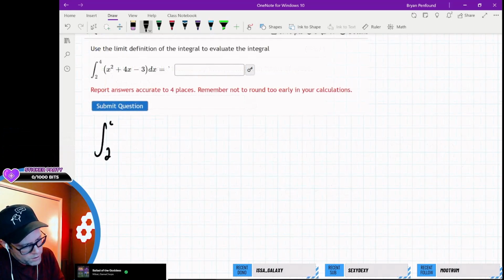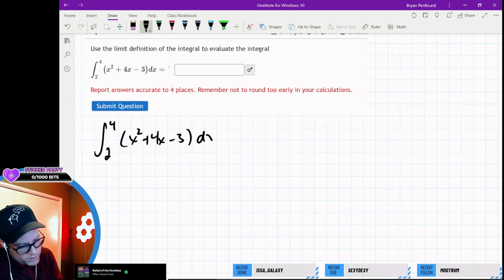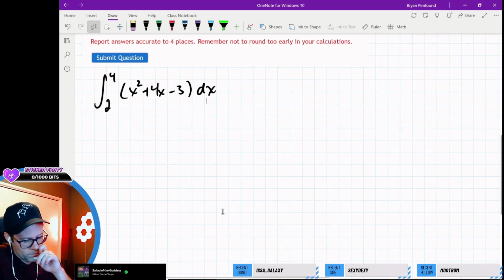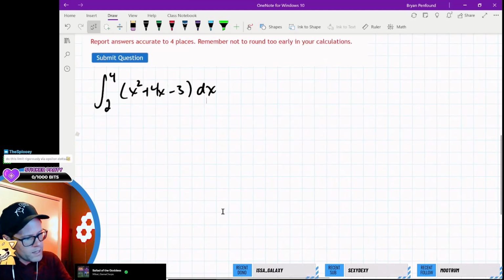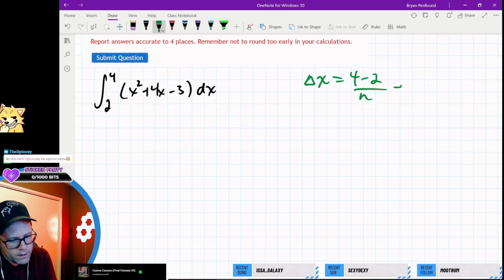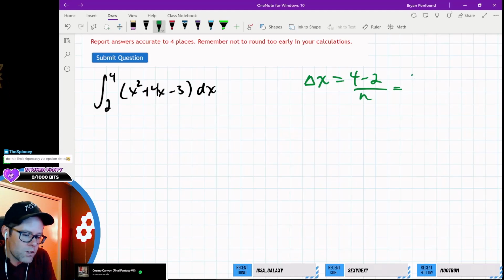So from 2 to 4 of x squared plus 4x minus 3. Let's see if I can remember how to do this. We need to calculate our delta x, which should be 4 take away 2 over n, and that's going to be 2 over n.